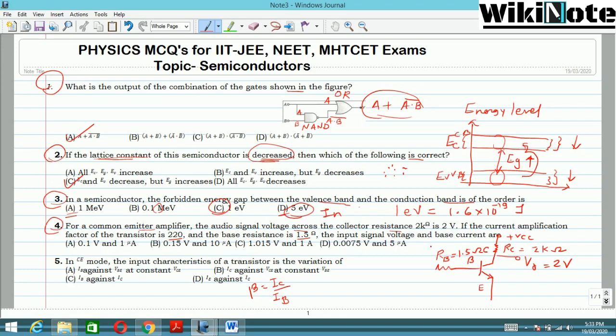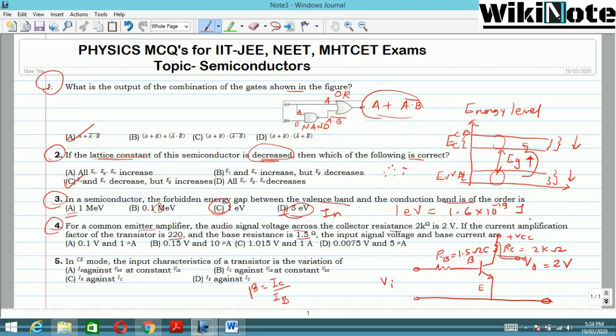They are asking you about the input signal voltage and the base current. Now I would like to go with the diagram. So this is my input voltage and this is the output voltage which we have got across the collector resistance RC. Sorry for this mistake, I would like to draw the collector resistance in this fashion. I can take down this connection over there.